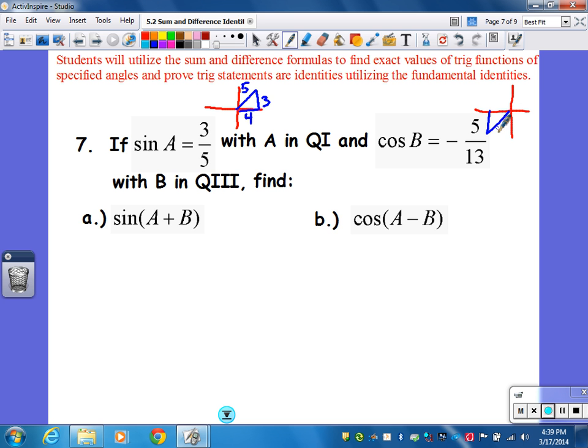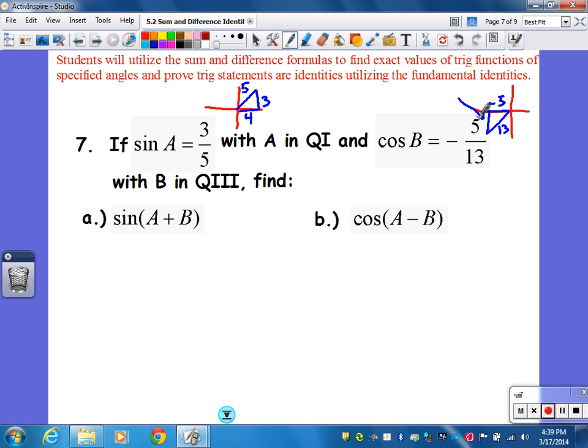And now we have a hypotenuse of 13, and our adjacent side is going to be negative 5. And this side right here, which is our opposite side, if we do the math, 13 squared is 169, well 5 squared is 25.